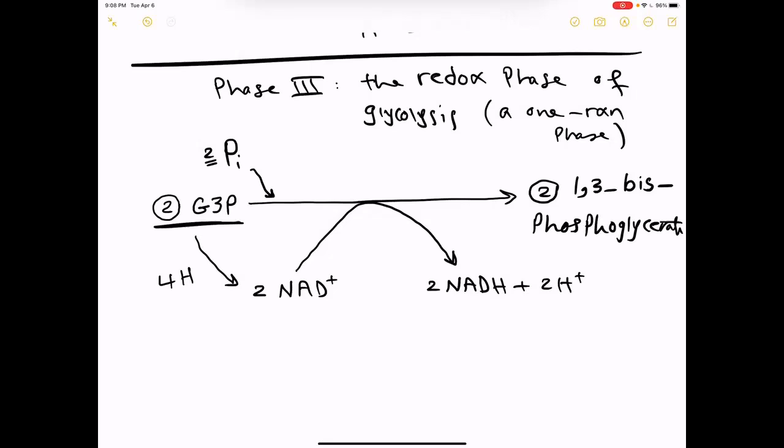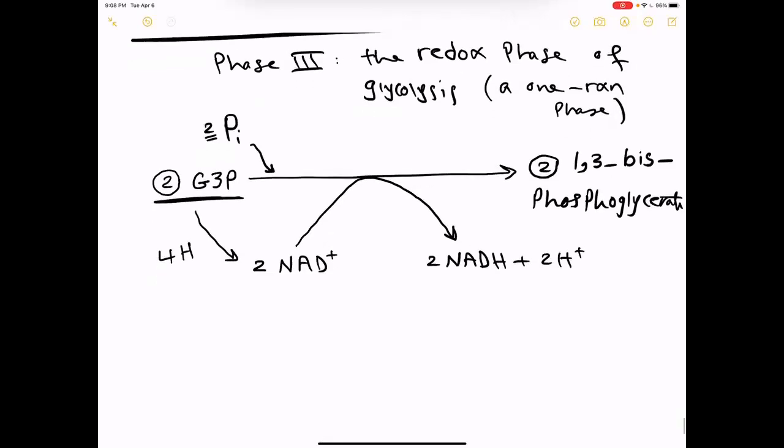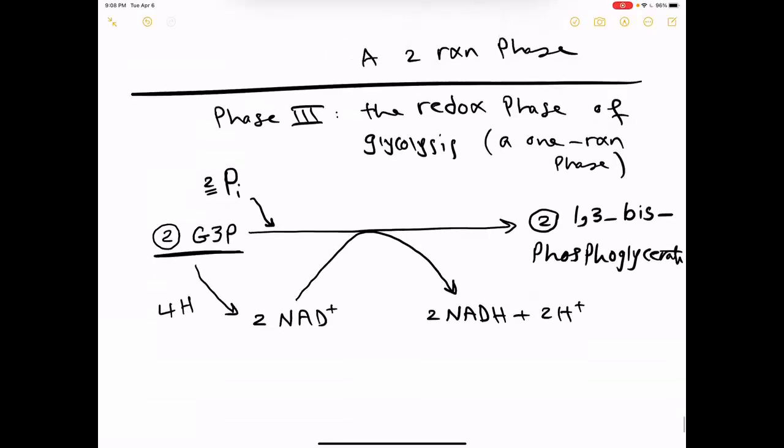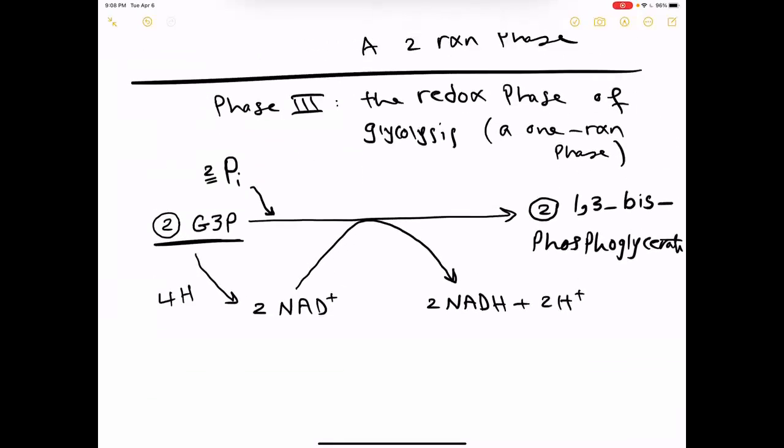All right, what I want to say today is, we did define also last time why it's a redox reaction. I said the oxidation is because the glyceraldehyde 3-phosphate is being oxidized. The reduction is because NAD plus is gaining the hydrogen and becoming reduced. Like it has been taken care of already.